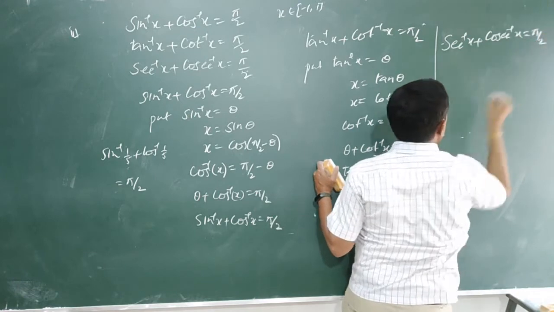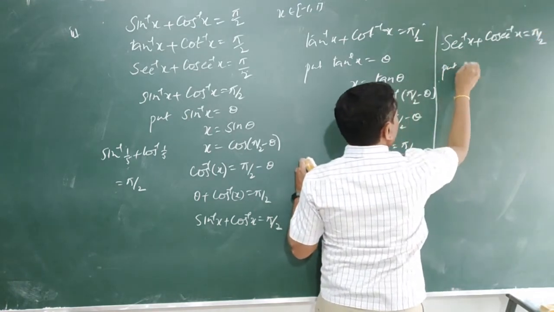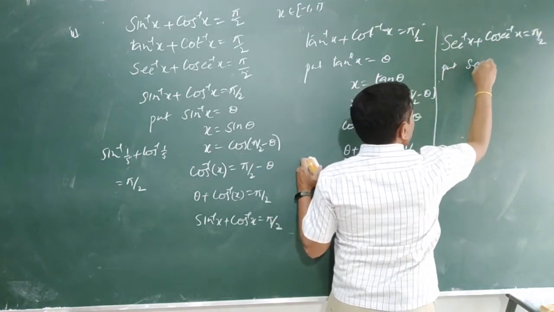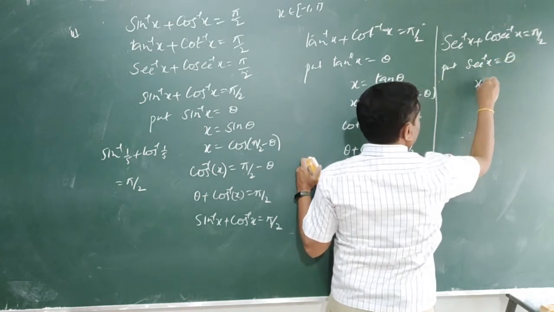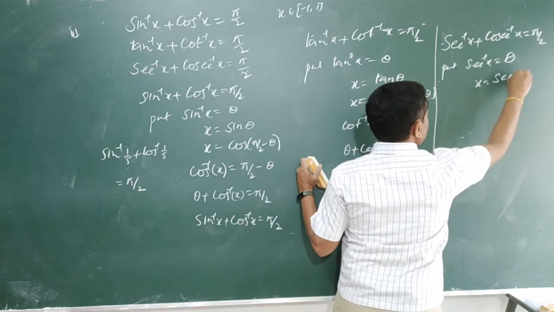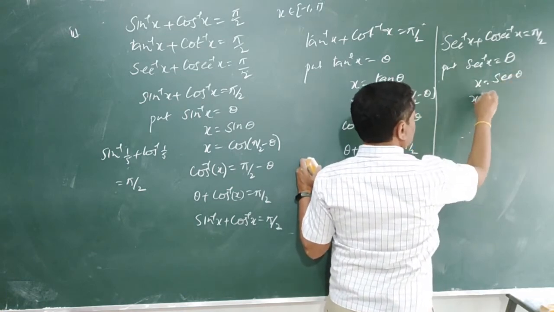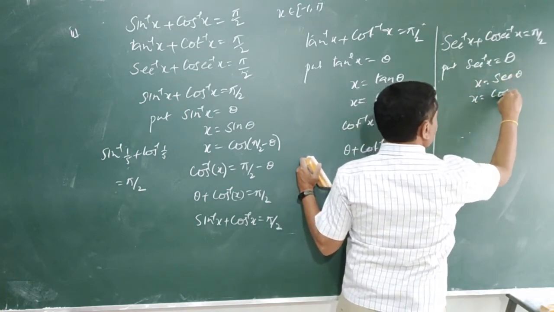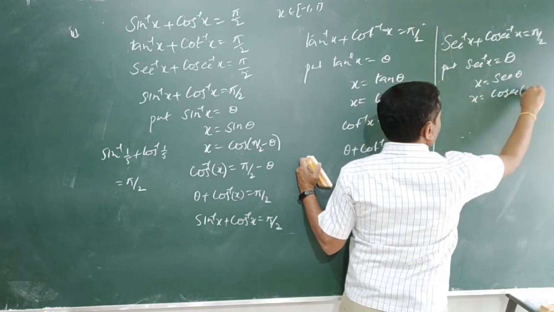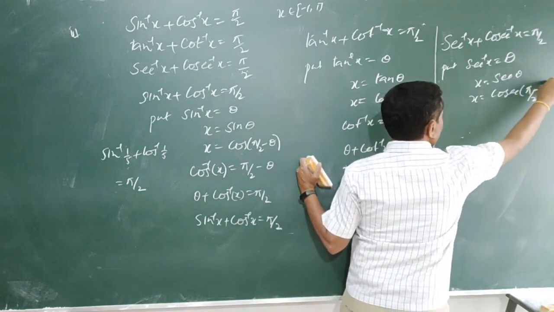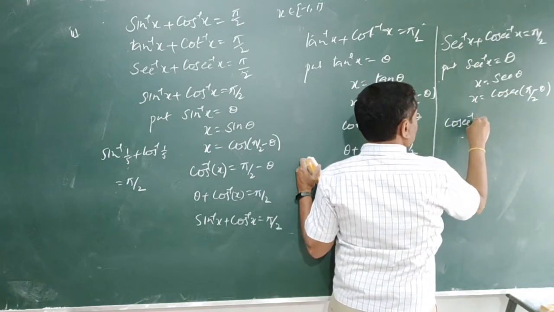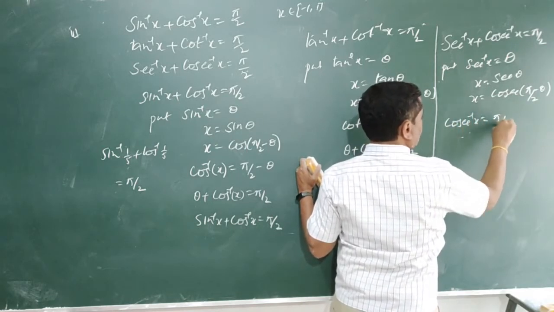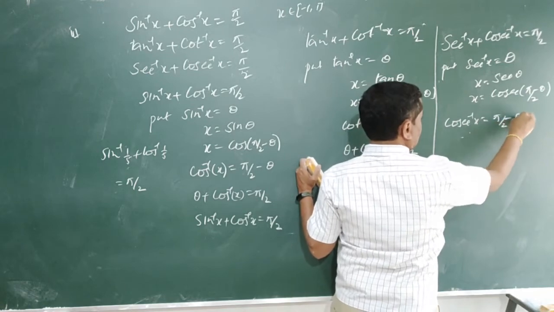Next we have secant inverse of x plus cosecant inverse of x is equal to pi by 2. Here same method, that is put secant inverse of x is equal to theta. What is x? X is equal to secant theta. Again x is equal to cosecant of pi by 2 minus theta. Again cosecant inverse of x is equal to pi by 2 minus theta.